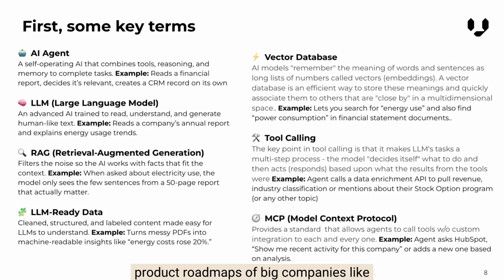And then if you look at product roadmaps of big companies like HubSpot, Intercom, and many others, they all are nowadays talking about MCP, Model Context Protocol. Very briefly, why that is a key term in this space is that it's an open standard that allows these AI agents to work together with other tools without custom integration to every single one of them.